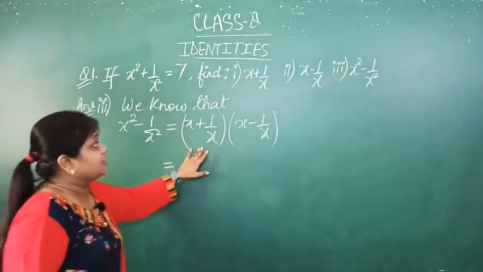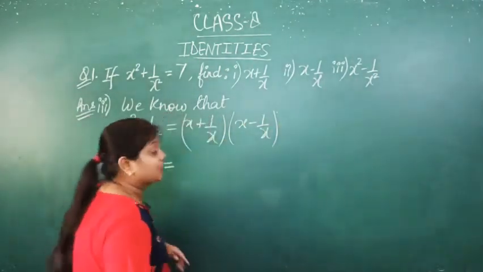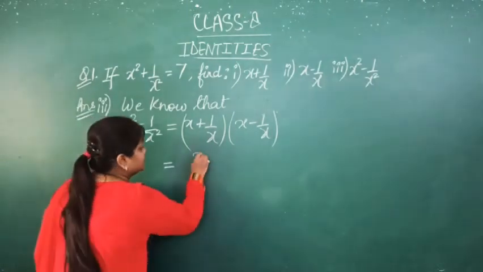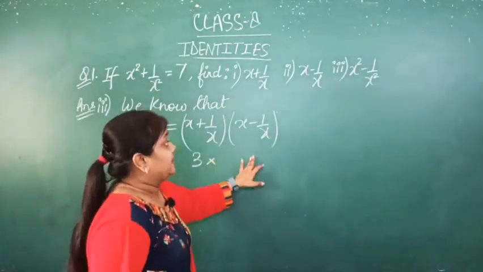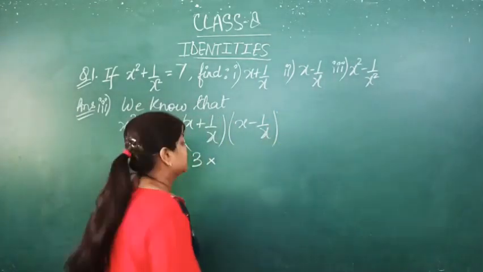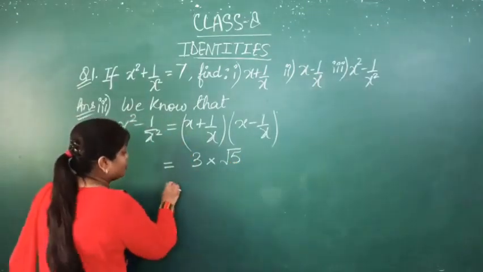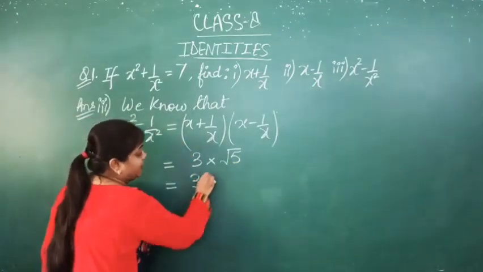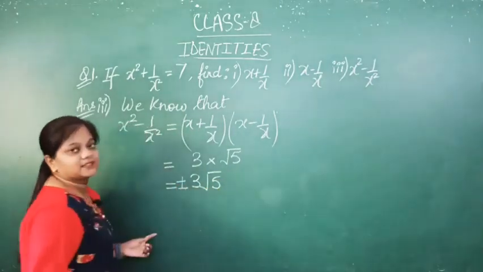In our first part, we got the answer x plus 1 upon x is equal to plus minus 3. And in our second part, we got the answer x minus 1 upon x is equal to plus minus under root 5. Therefore, we will get the answer 3 under root 5 and plus minus.